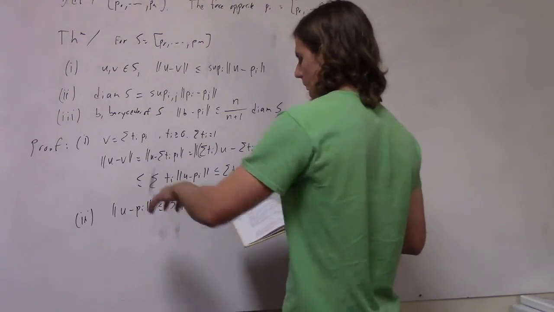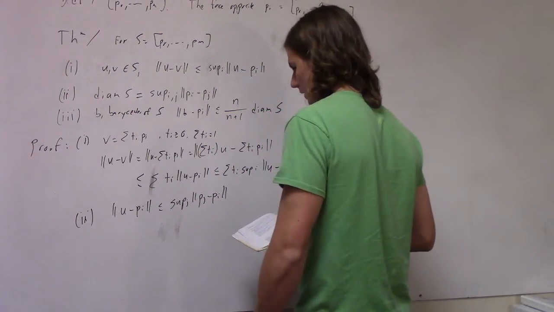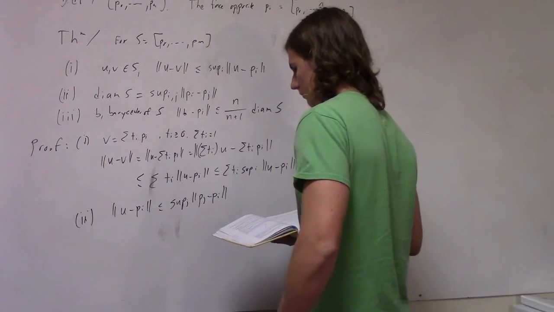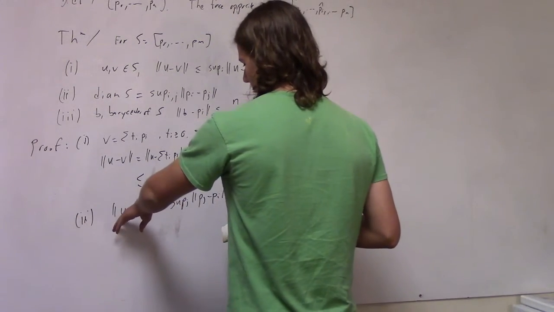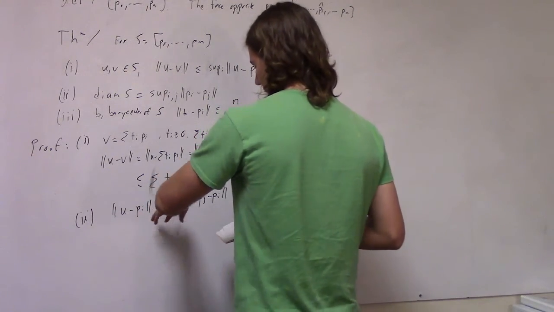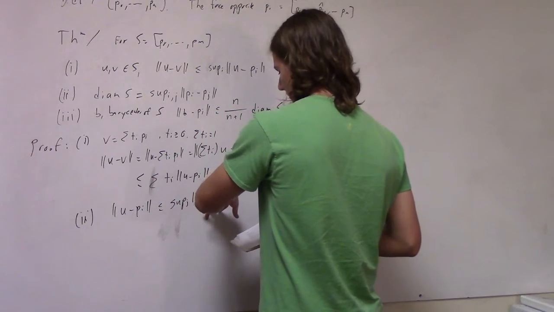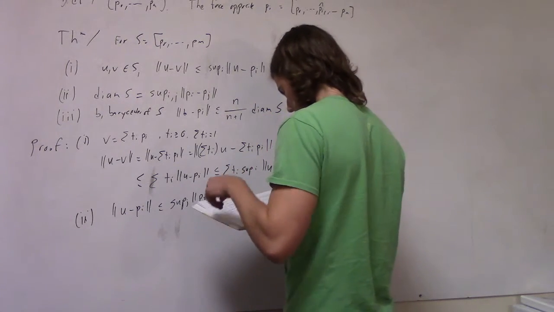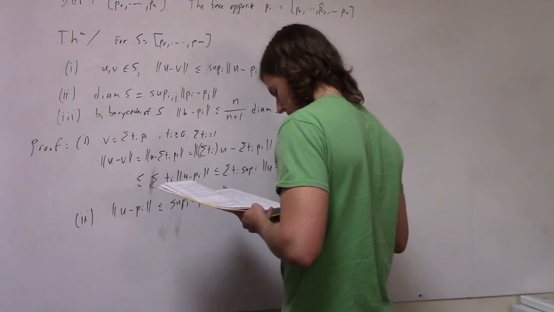So the greatest possible distance between 2 points is less than or equal to the greatest possible distance from one of the points to the vertices, which is less than or equal to the supremum of 2 different vertices.